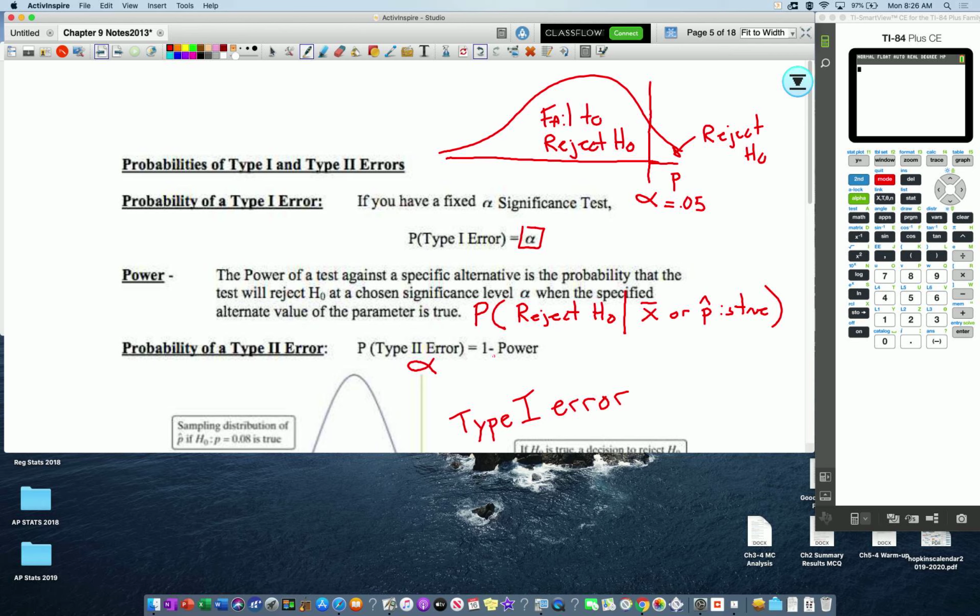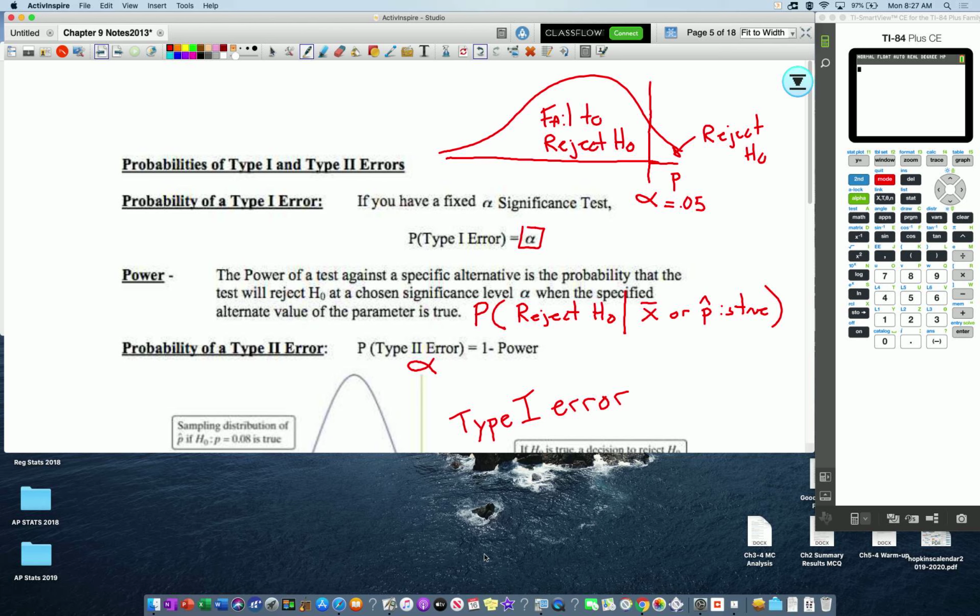It's the probability that you reject the null hypothesis given that either your sample mean or your sample proportion is true. Basically, the alternative or the sample that you're using to determine whether or not you're rejecting is true. Now, the importance of this power is that it helps you calculate the probability of a type 2 error. So the probability of a type 2 error is simply 1 minus the power.